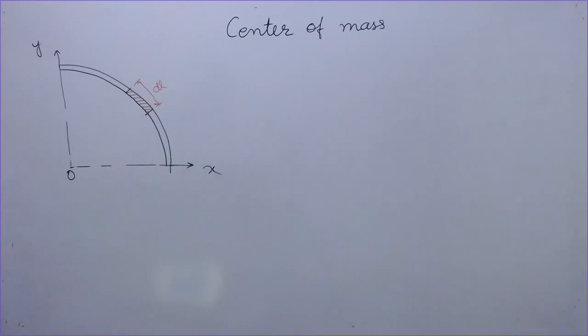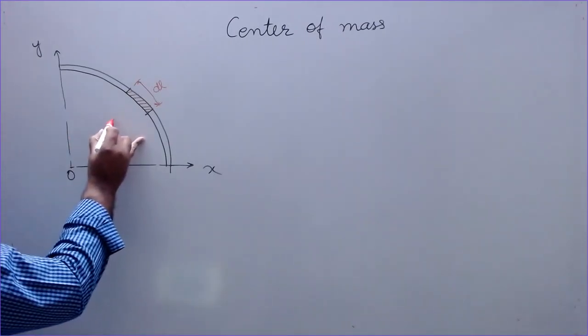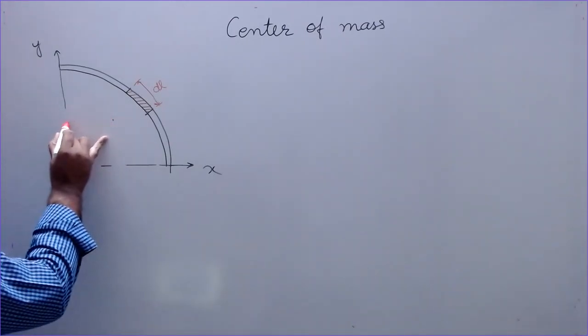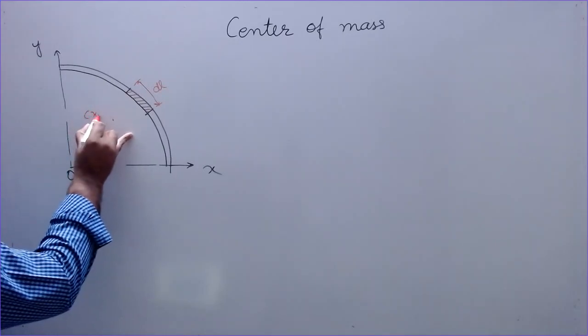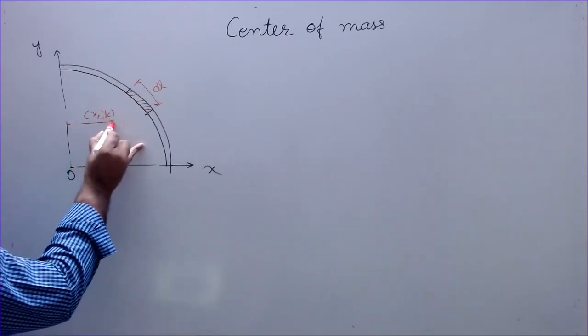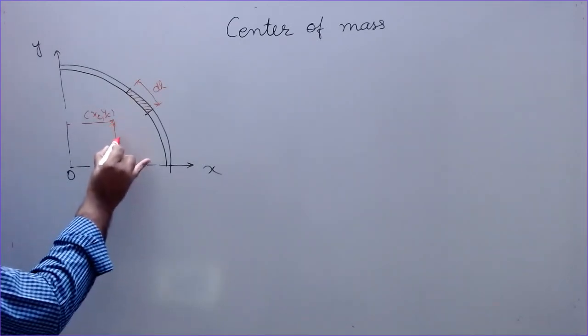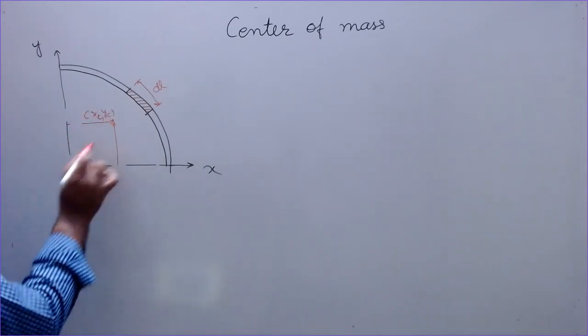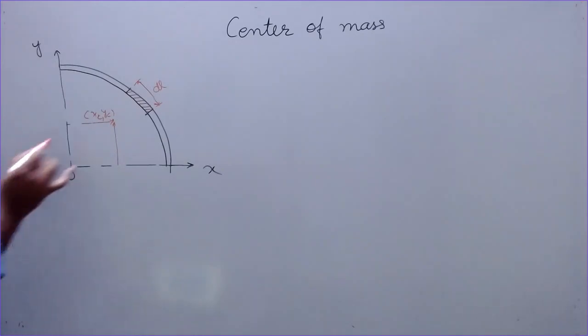Now the center of mass, suppose it is at this point. So its coordinates are xc, yc. This is the x coordinate. This is the y coordinate, xc, yc, with respect to this point. These are the coordinates of center of mass of this.